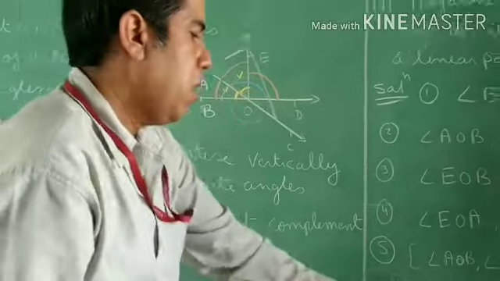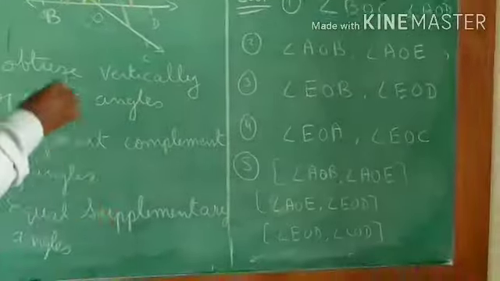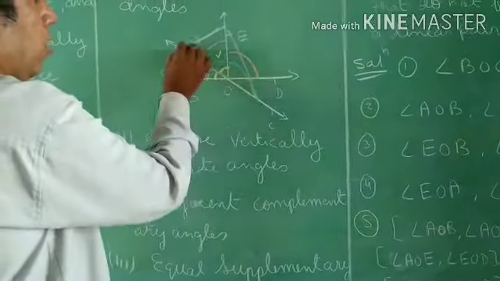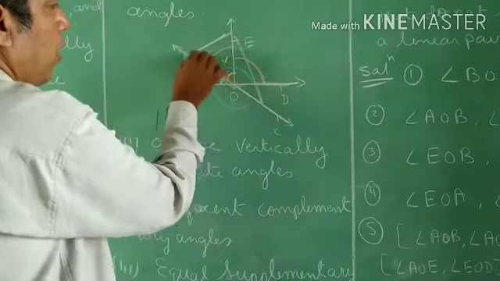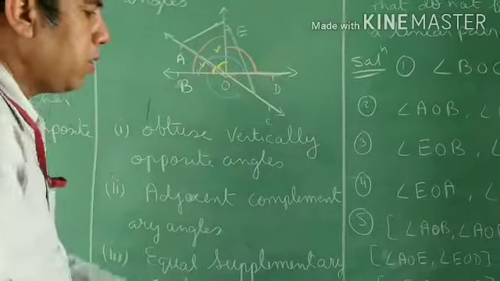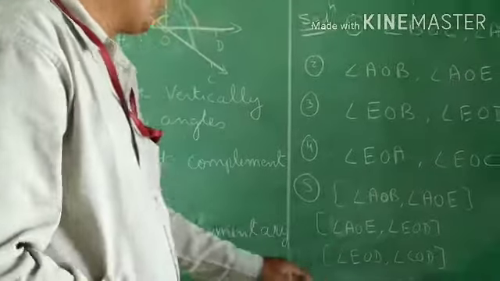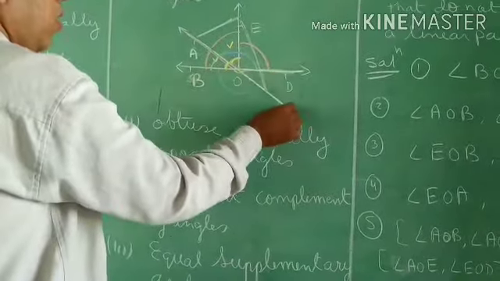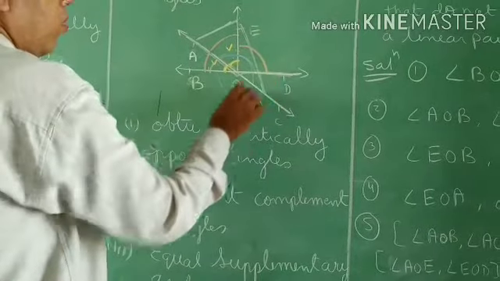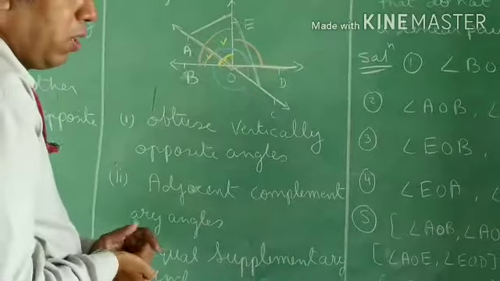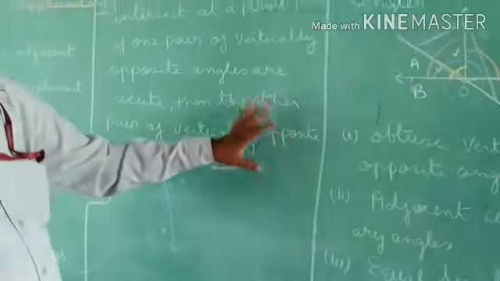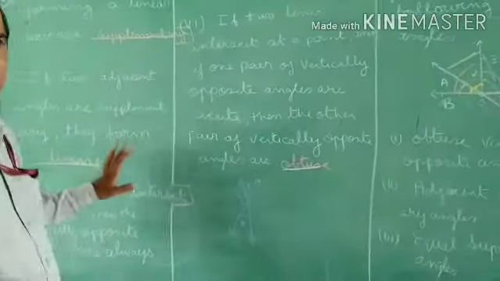So one is this one. AOE and EOD. See, it is this much. It is not forming on the line right here. Now EOD and COD. You can see this also. The sum of these angles is also not 180 degrees. So this question completes here, and question 14 completes over here, and this exercise completes here.